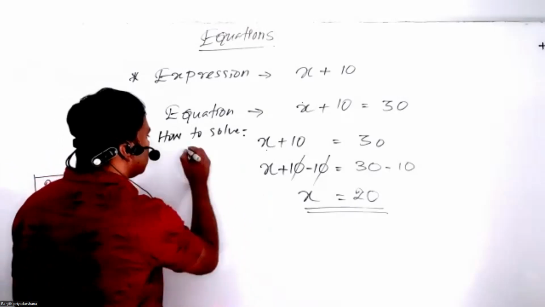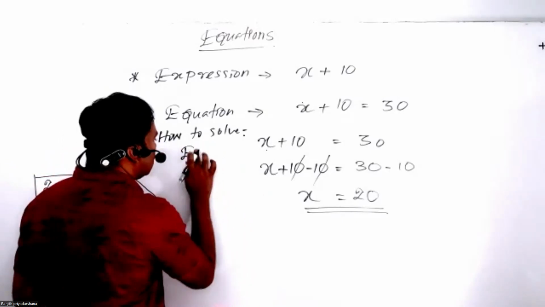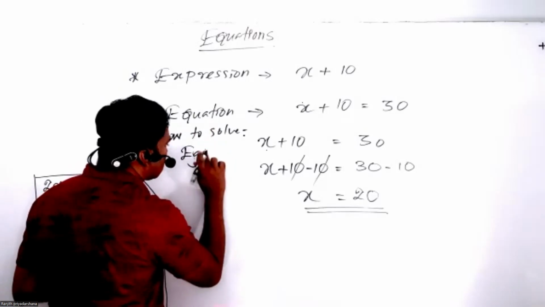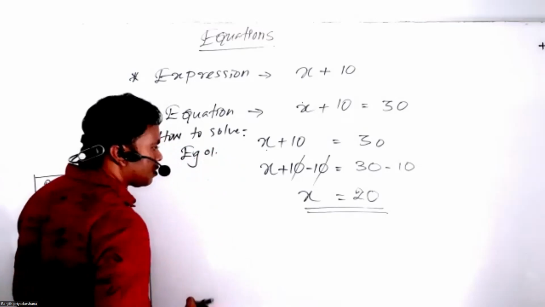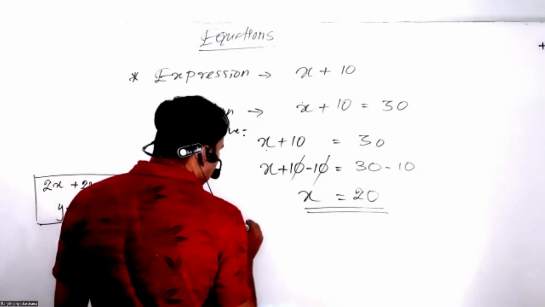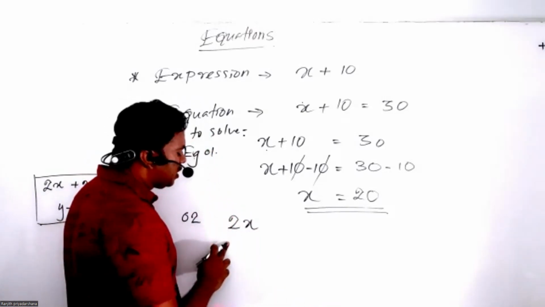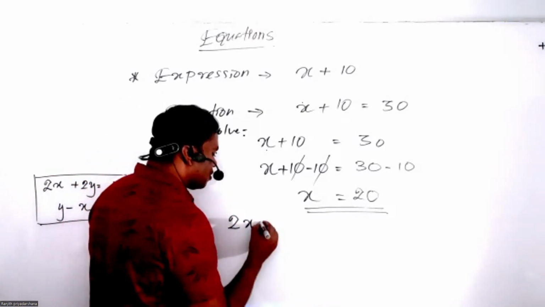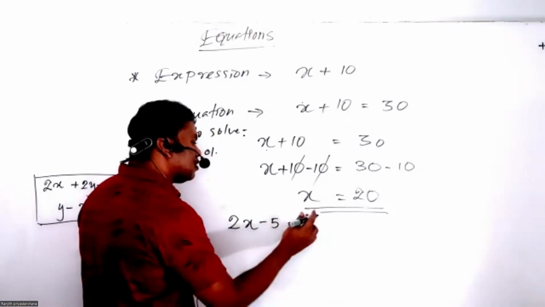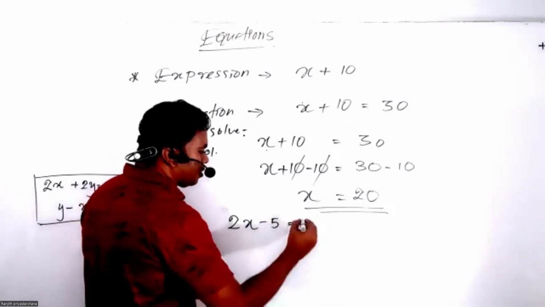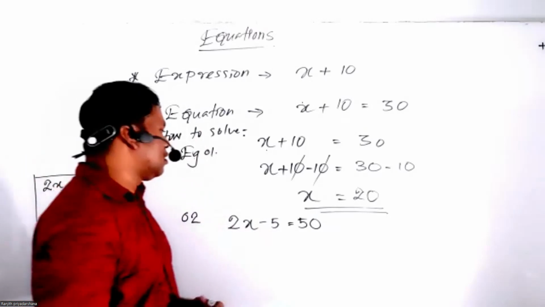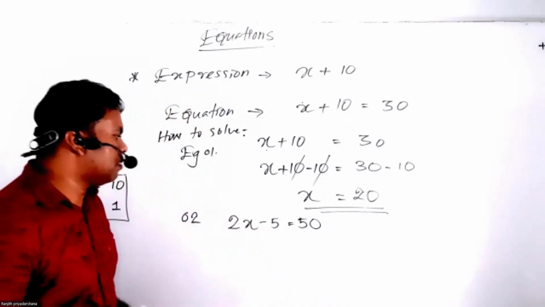This is example 1. Another one: if you double the amount of money I have and then subtract 5 rupees from the double, you get 53 rupees. Then what's the amount of money I'm having?